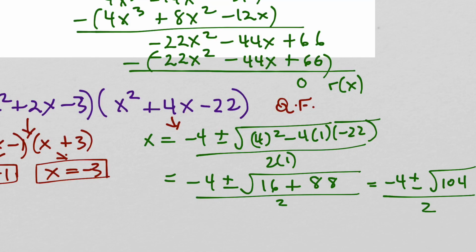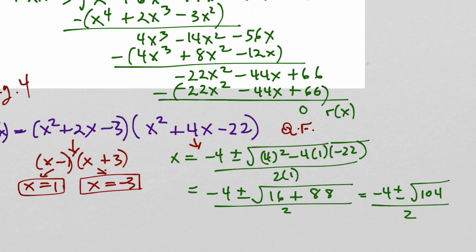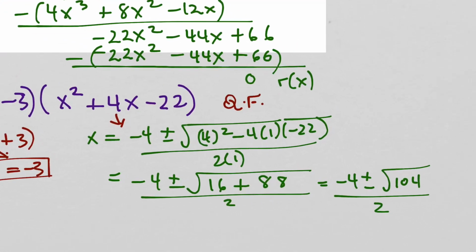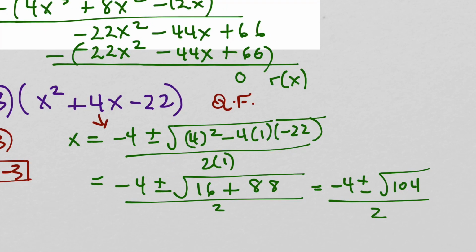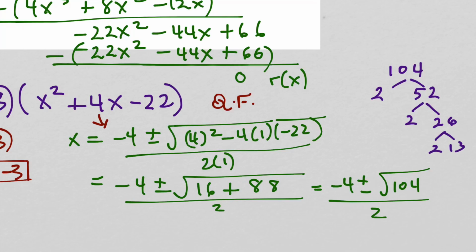All right, so let's branch out 104 to reduce it. So that's 2, 52, 2, 26, 13. So that means I'm going to take a 2 out and leave 2 times 13 underneath, which is 26.